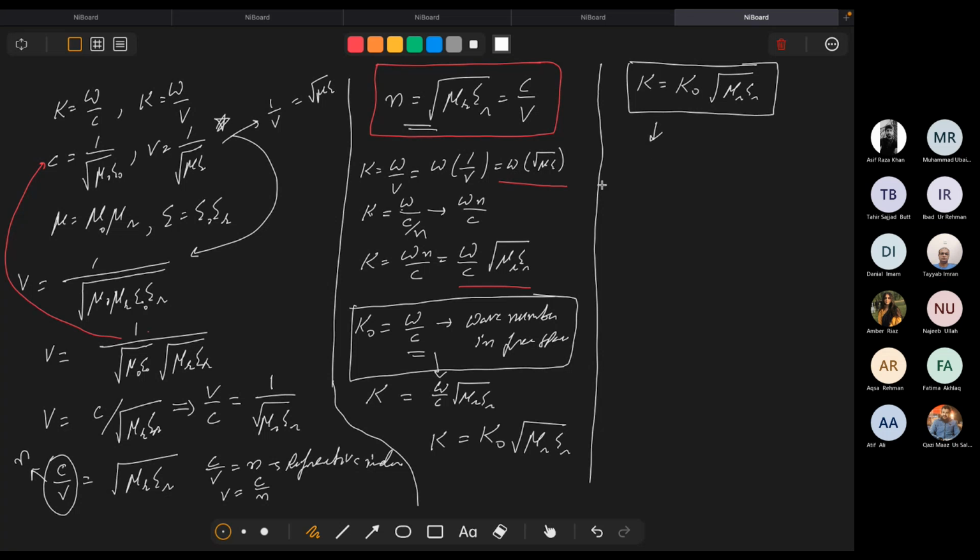So if we have a non-magnetic material, that would be equal to 1.